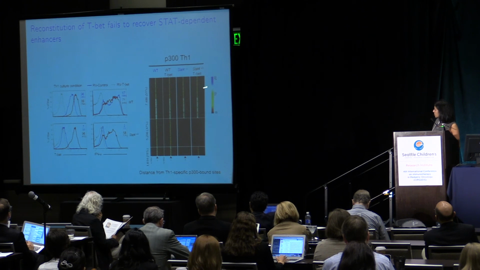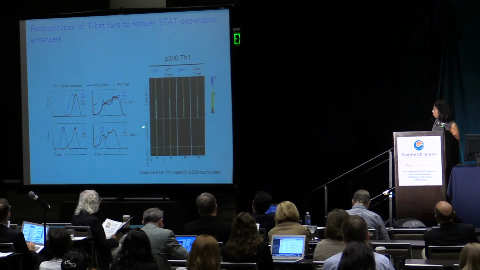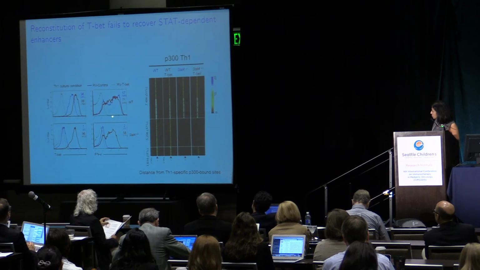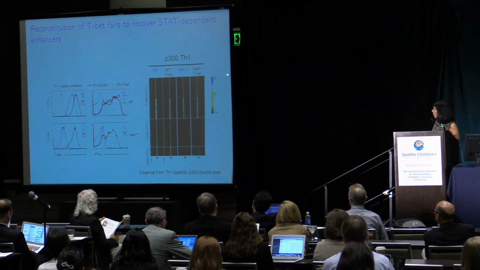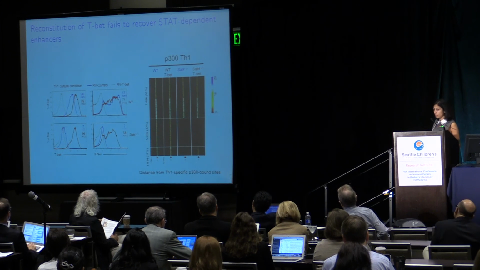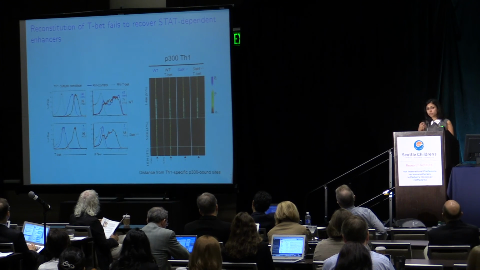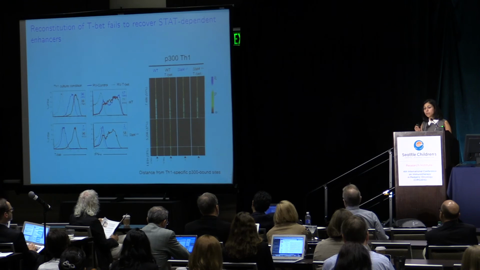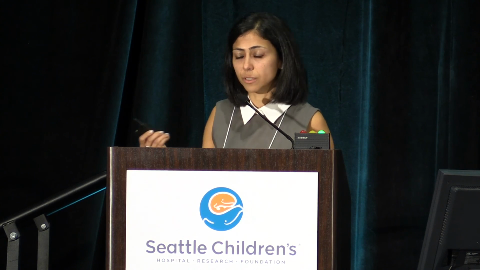When we overexpressed T-bet in the STAT4 deficient cells, we were able to fully recover interferon gamma expression, but we were not able to recover P300 binding, again suggesting that it's all about the signal transduction pathway, recruiting all the proper enzymes to go after all these non-coding elements and add this further acetylation to these regions.